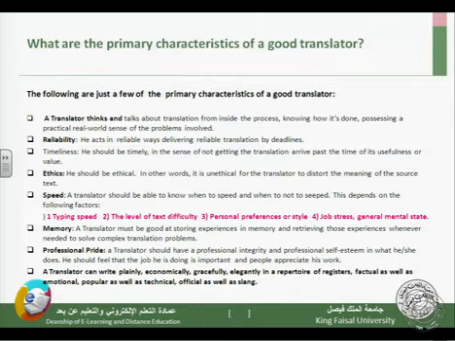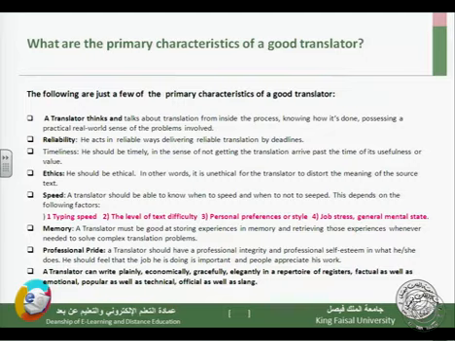As you will find out during this course, there are so many features and characteristics, and you will formulate your own concept of them by reading materials about translation and translators, and by practicing translation.